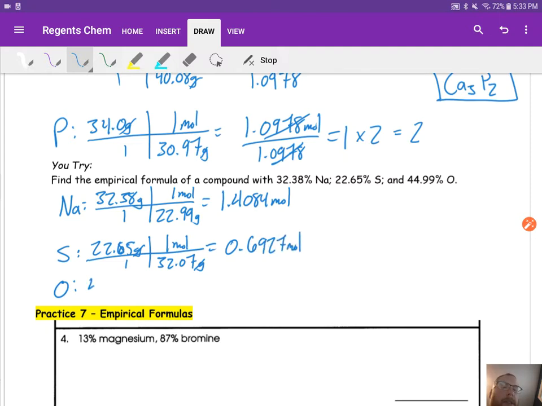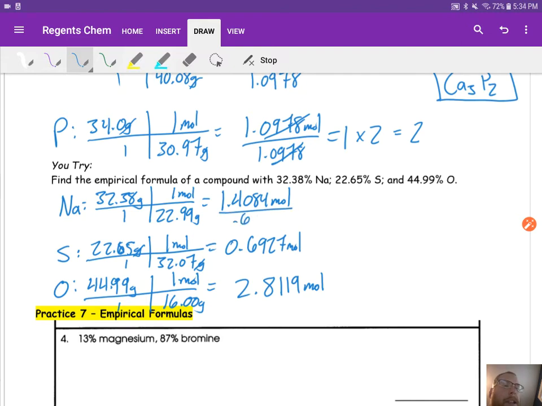And oxygen, we have 44.99 grams. Dividing it by 16 grams. All right, that's going to give me 2.8119 moles.